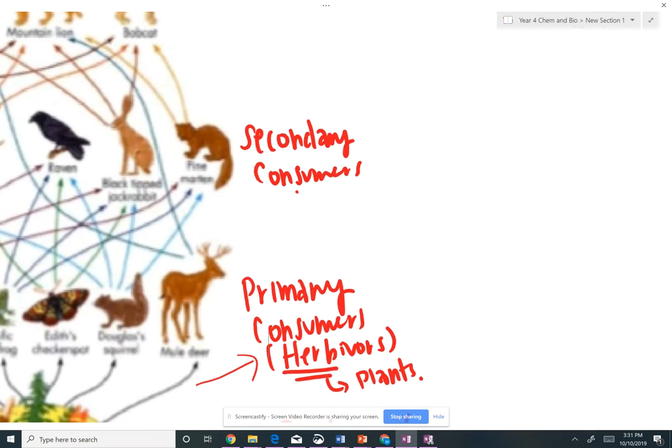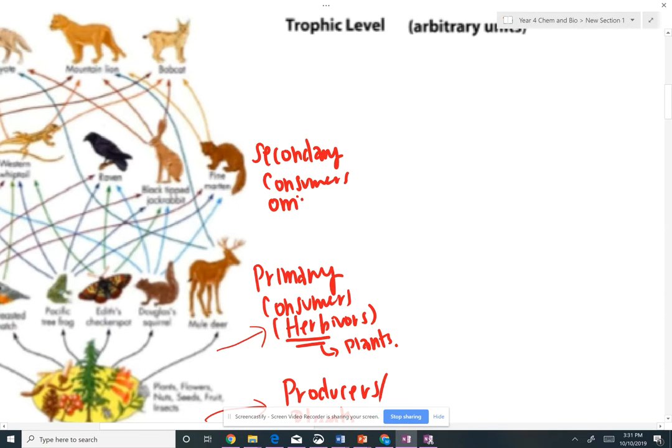They can be omnivores or carnivores. And you guys see on there carne, right, which is meat, and omnivores, which is eating both. So omnivores is both, and carnivores is meat.